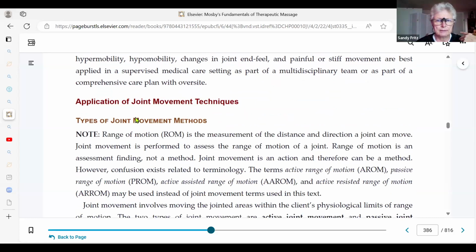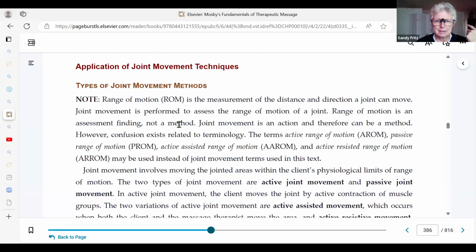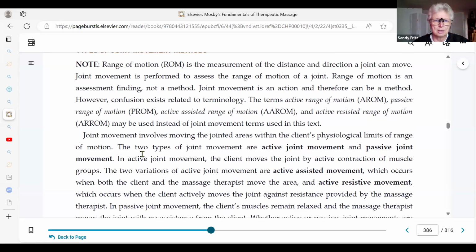And then here's where I talk about this range of motion conundrum and the issue around terminology use. So we have active, where the client does it, and we have passive, where we do it. And active movement can also have variations.